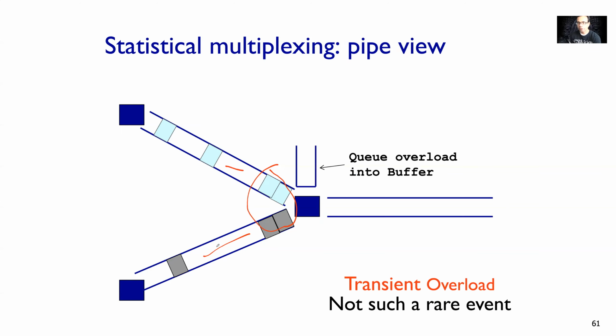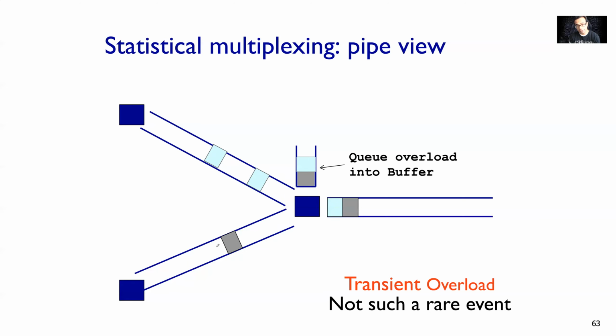The simple way to deal with that is to store the extra packets which cannot be sent in a packet buffer. All routers and switches normally have some buffers. In the first time instant, the switch will only be able to send one of those packets. The other packet will be buffered. In the second time instant, again it's only able to send one of those packets.